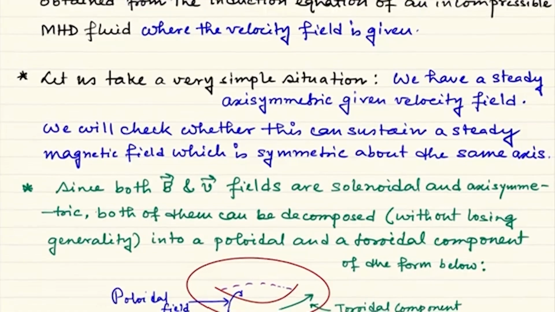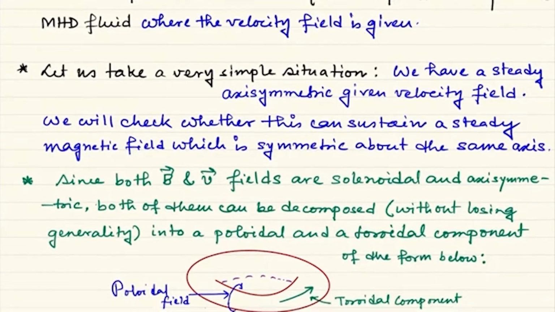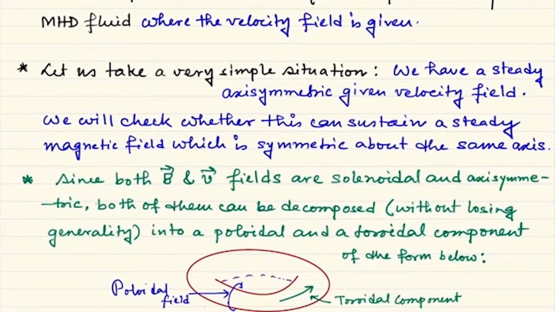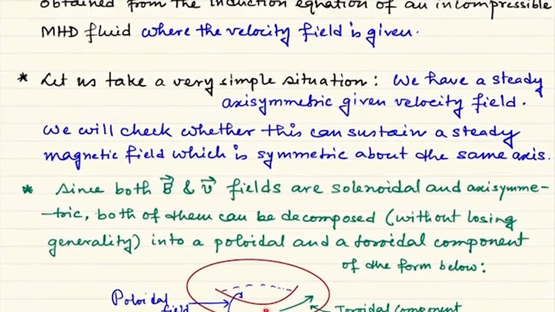Just imagine a torus, and there are two types of degrees of freedom on a torus. One is along the axis of the torus. If you cut the torus, you will have a cylinder, and the axis of the cylinder is this direction. That is the so-called toroidal direction.